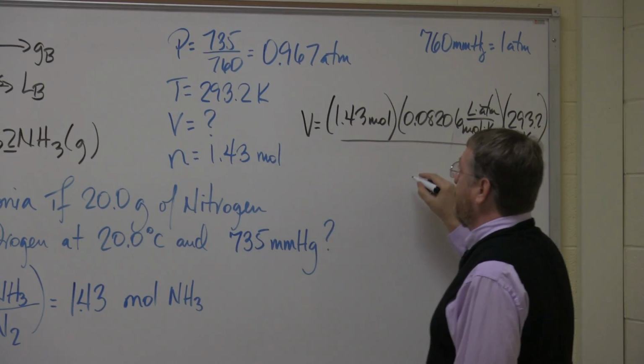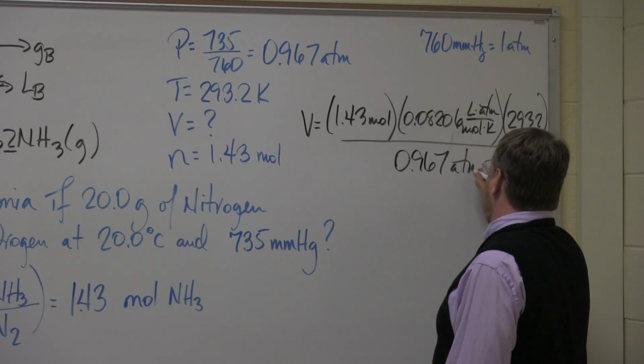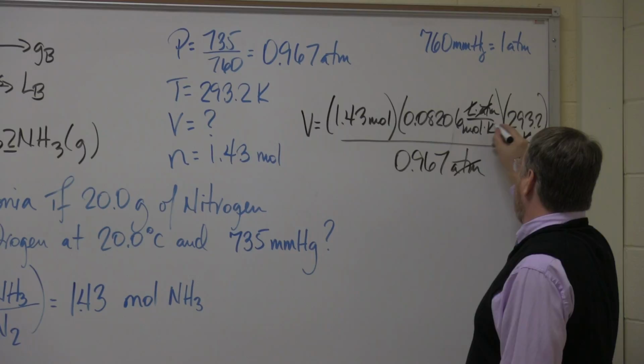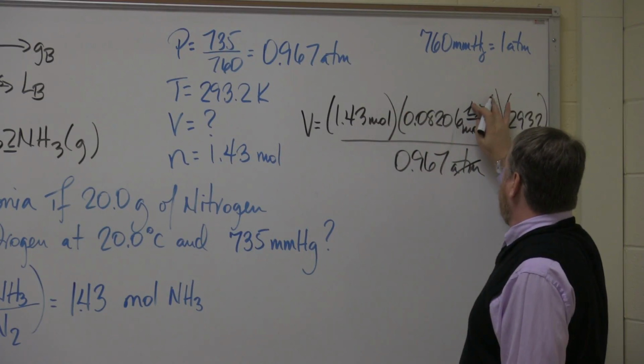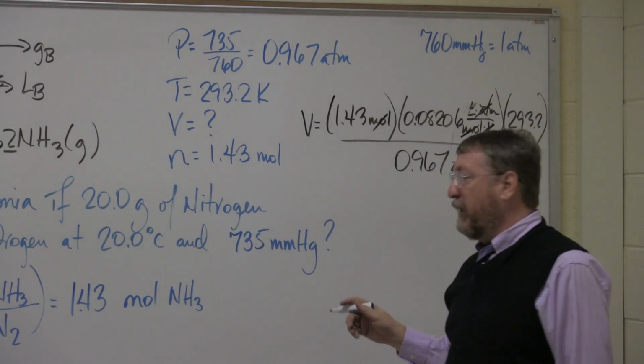All divided by the pressure, which is 0.967 atm. Obviously, our atmospheres are going to cancel, moles are going to cancel, Kelvin are going to cancel, and we're going to get liters as the resulting unit.